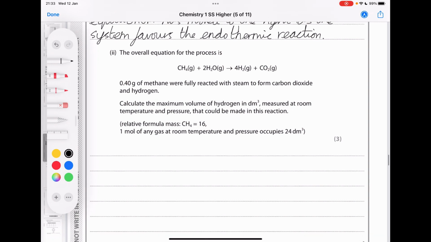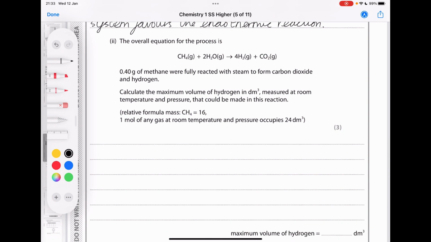Right, part 2 has given us an overall equation and has asked us to calculate the maximum volume of hydrogen in decimeters cubed measured at standard temperature and pressure that could be made in this reaction. And we've been given a mass of methane. This is one of the reacting mass or mole calculations. What we need to do first off is to convert from a mass of methane.